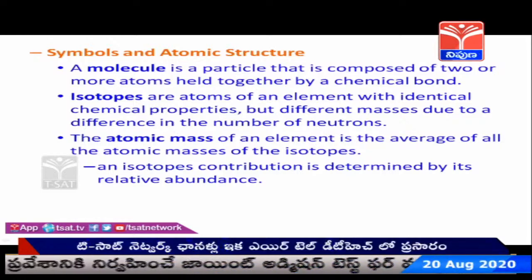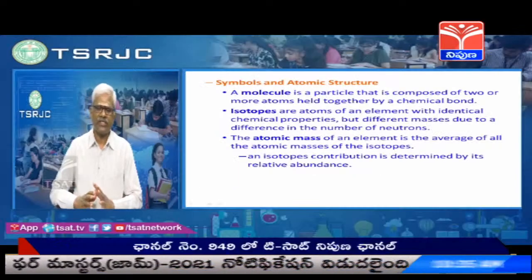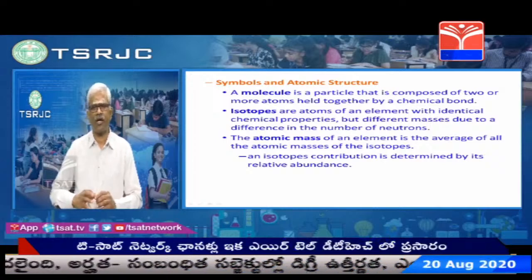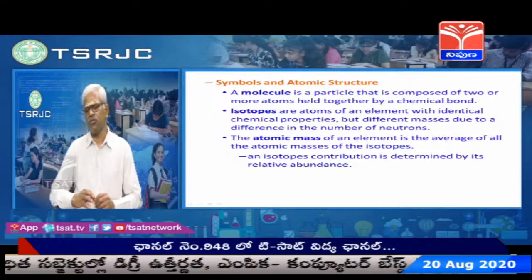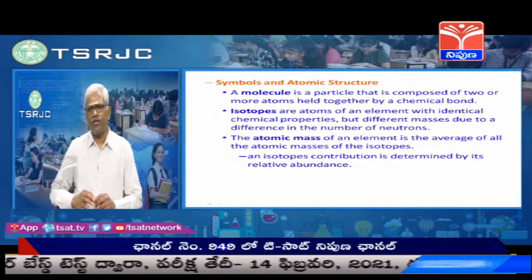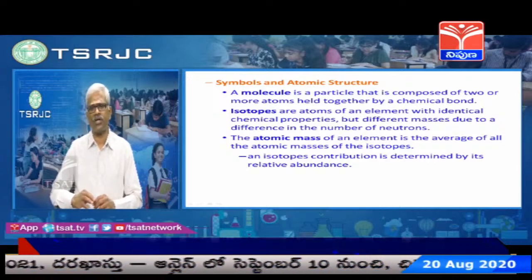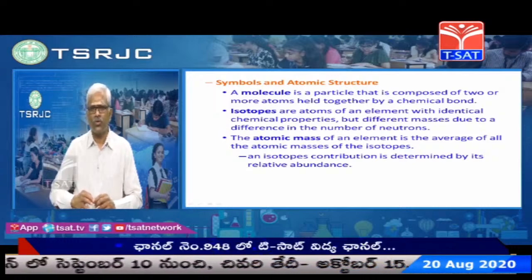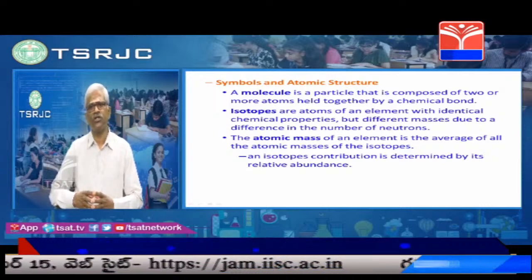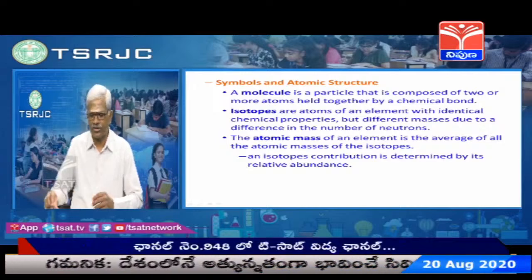Now, how to calculate the atomic mass? If all the atoms consist of the same atomic mass, we can say the fixed atomic mass. But most of the time, the elements consist of isotopes with different mass numbers. So, to deduce the atomic mass of such atoms, we consider the average mass of different isotopes.